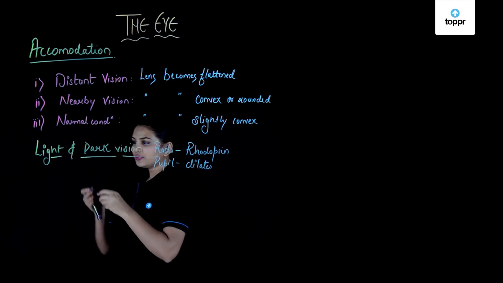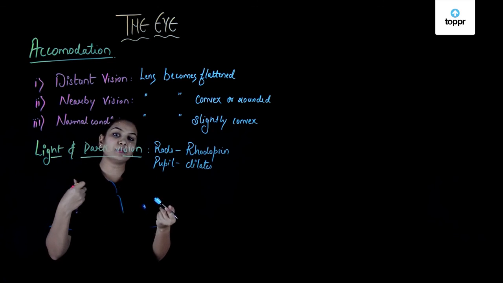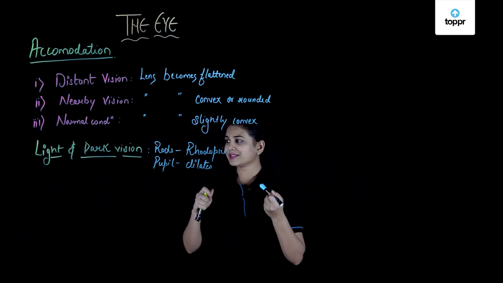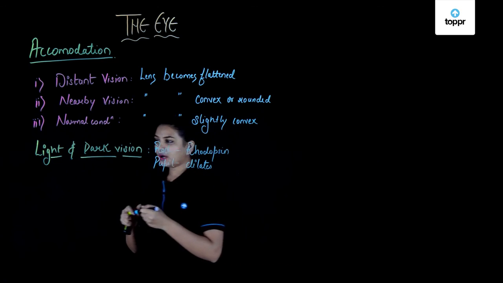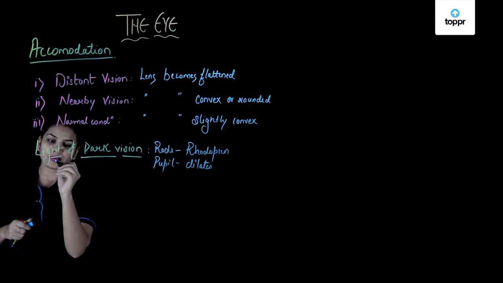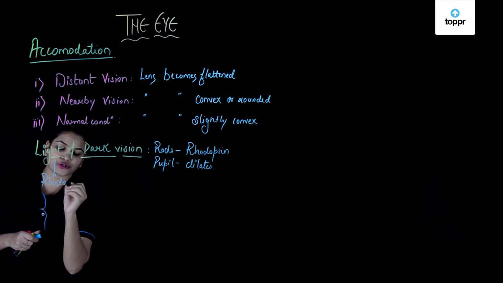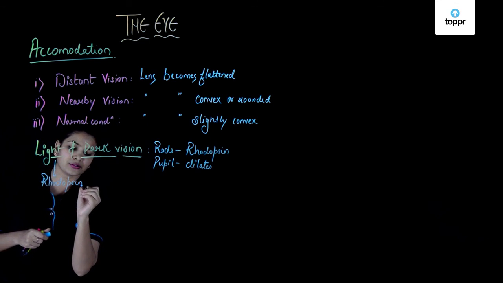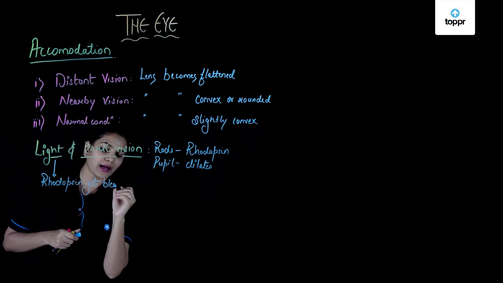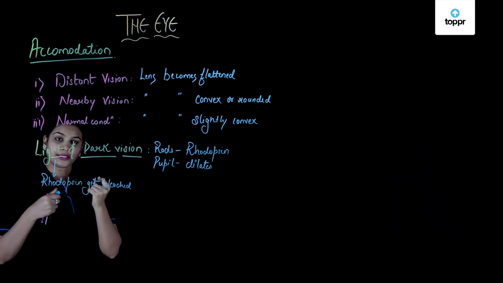Now coming to the light part. During light adaptation, if I am moving from the dark room back to the sunlight, my eyes again have to adapt themselves. And how do they do it? During this time, the rhodopsin gets bleached, and this time a lot of light is not required to get into your eyes.